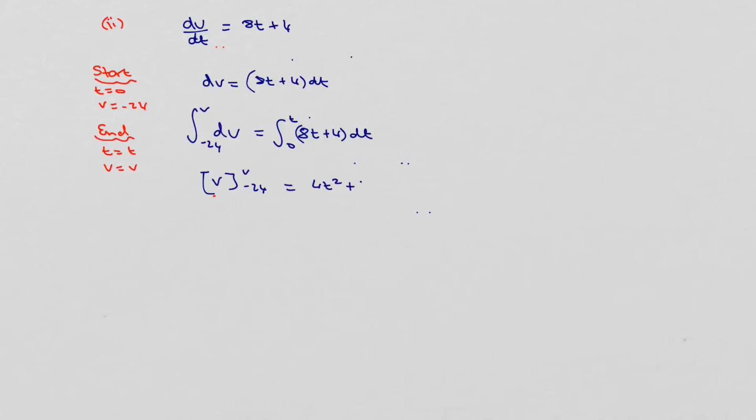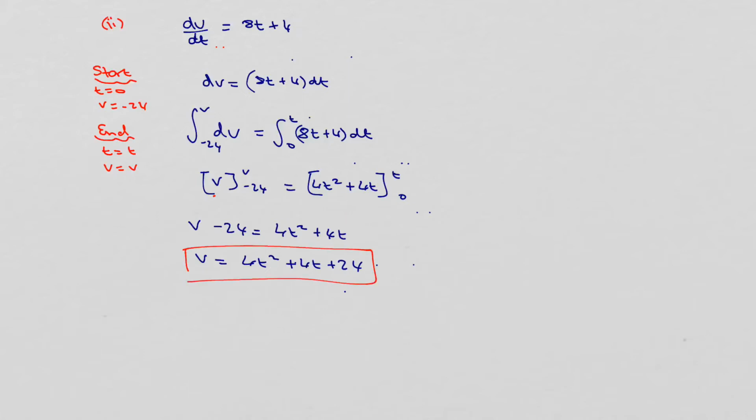And if I integrate 4, we saw that that was 4t. And that's within the limits of t and 0. So we have v minus 24 is equal to 4t squared plus 4t. In other words, our general velocity equation at any time is 4t squared plus 4t minus 24.